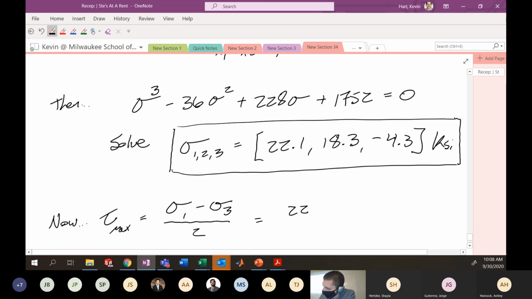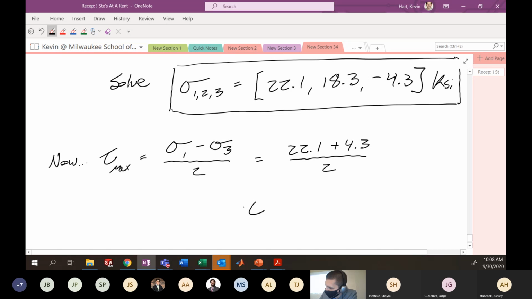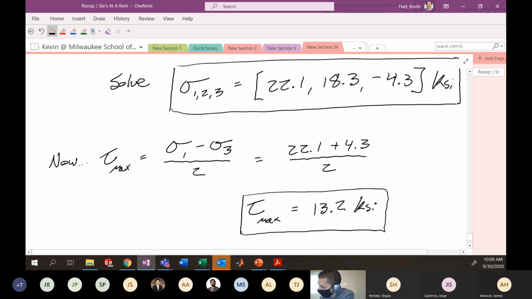So here this is 22.1 plus 4.3 all on 2. Or our max shear stress here is 13.2 KSI. You might have to work some tricks in MATLAB to order your stresses properly so that you're always getting the max shear stress when you write your function for homework number 2.